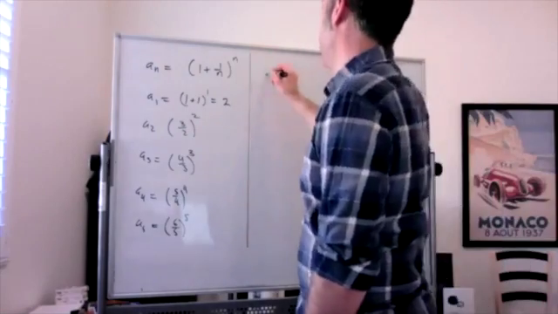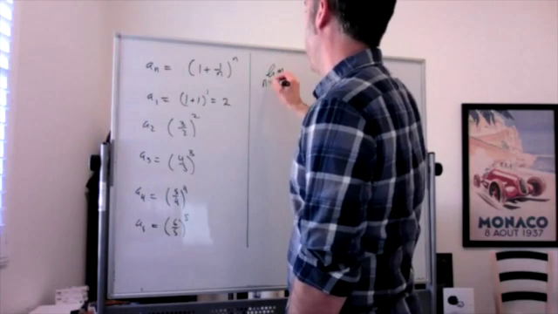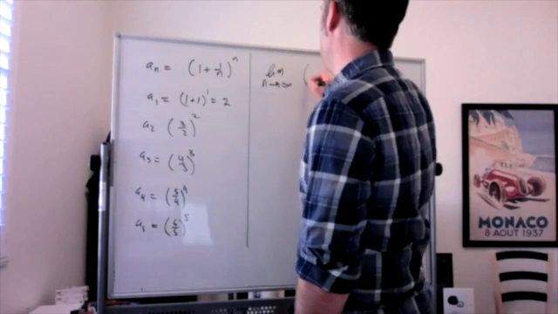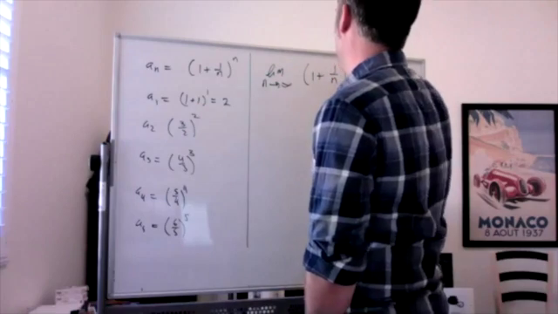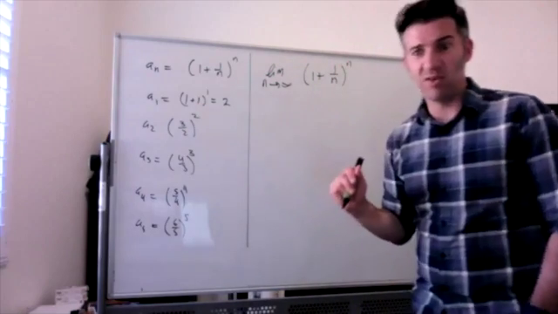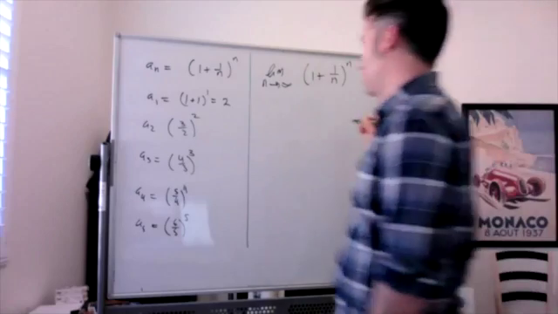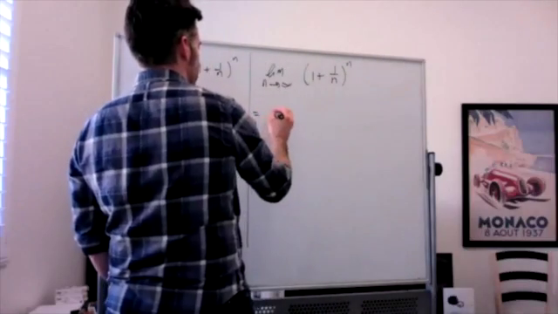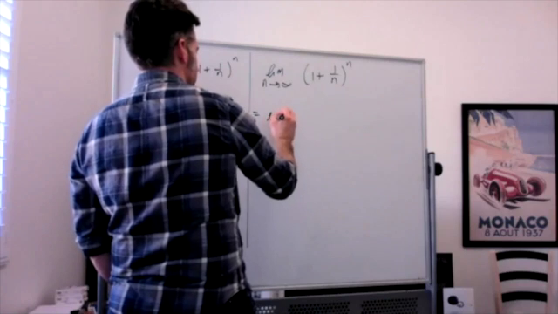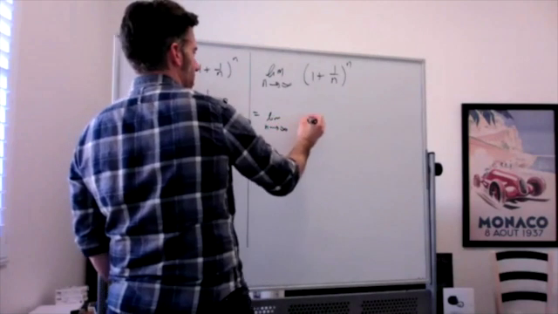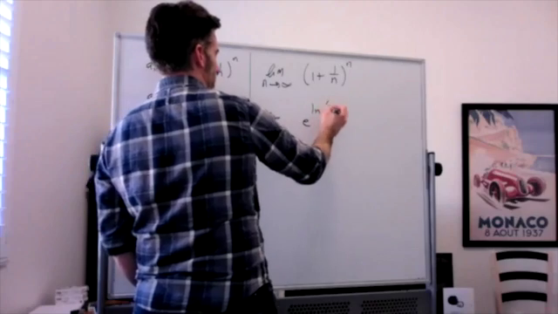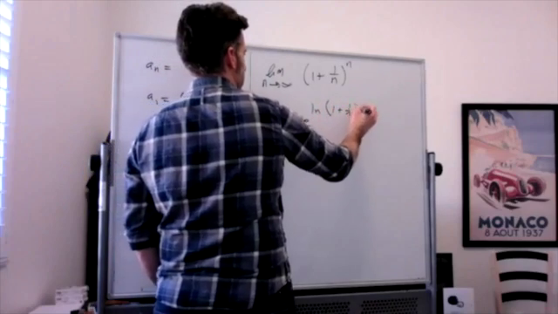If someone asks you to find this limit, and this limit does pop up every once in a while, you have to do the whole thing where you take e to the natural log and then use L'Hopital's rule. This is equal to the limit as n goes to infinity of e to the natural log of (1 + 1/n)^n.